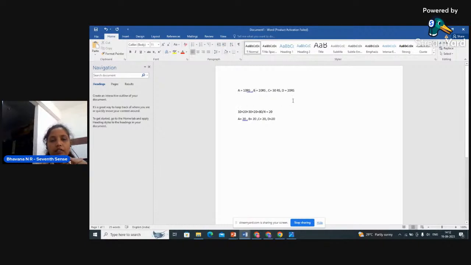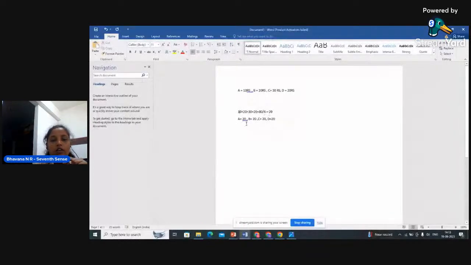From how many are we collecting? That is 4. So 10 plus 20 plus 30 plus 20, that whole divided by 4, that is 80 divided by 4, which equals 20.